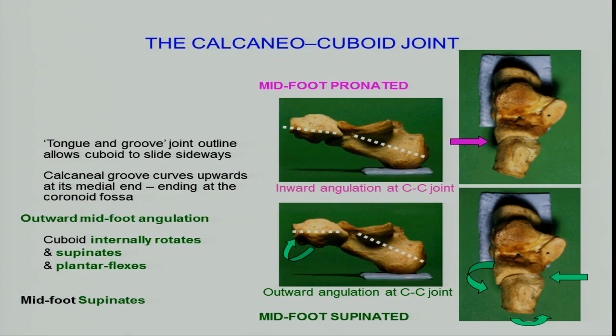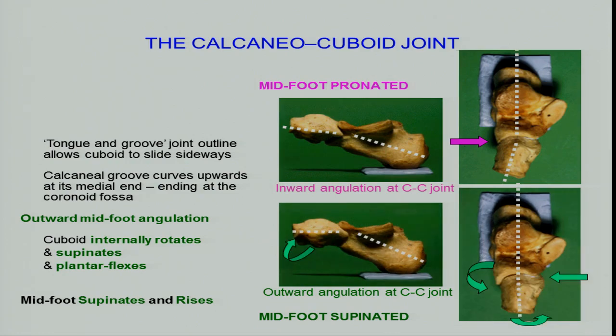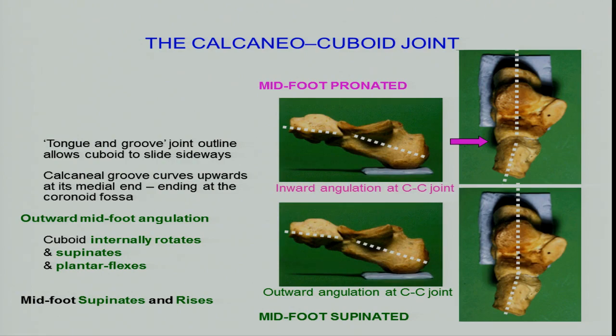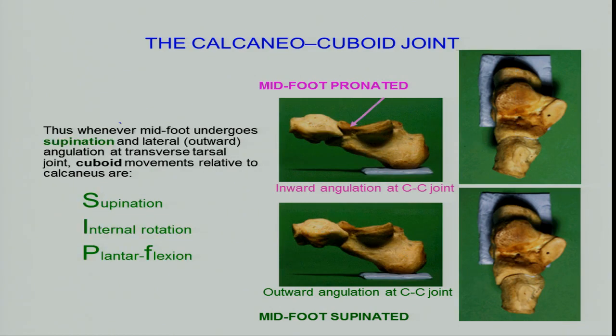So we've got SIPFA of the cuboid relative to the calcaneus. So that explains the rising of the longitudinal arch, so-called, because when the cuboid moves medially with outward angulation to the transverse tarsal joint, there is plantar flexion of the distal part of the foot.